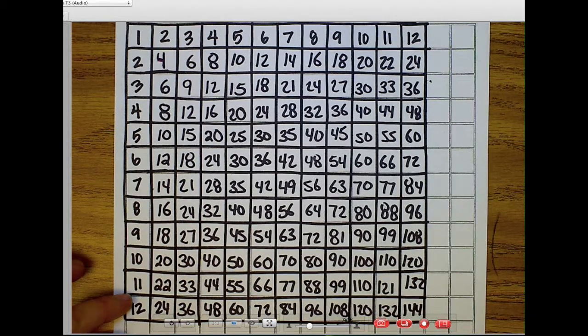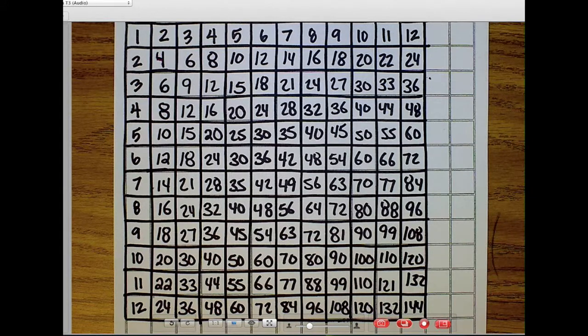Okay, so this is what your multiplication chart looks like completed. Okay, we're on lesson 17, problem set B. 1B, it says, estimate the quotient for the following problems. Round the divisor first. Raise your hand if you can tell me what the divisor is. What's the divisor?